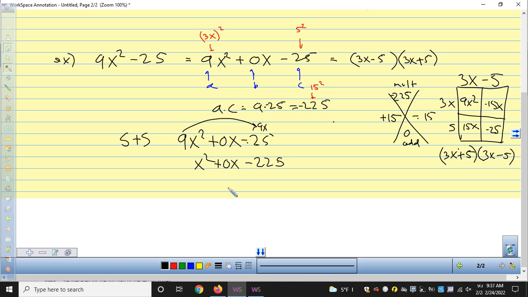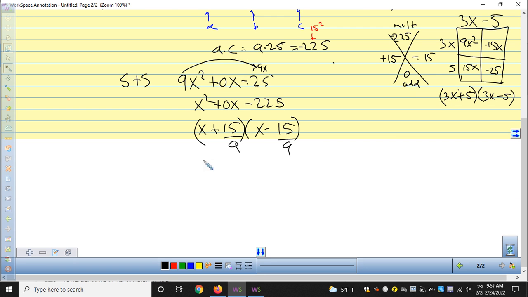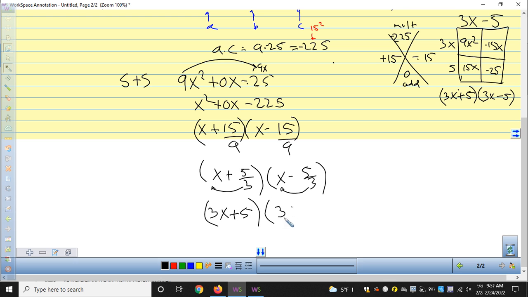And we figured out our numbers here are positive and negative 15, x plus 15, x minus 15. But we multiplied by 9, so we need to divide by 9. 3 goes into both 9 and 15, so we get x plus 5/3, x minus 5/3 when we reduce that fraction. And now we slide 3 over. 3x plus 5, 3x minus 5.